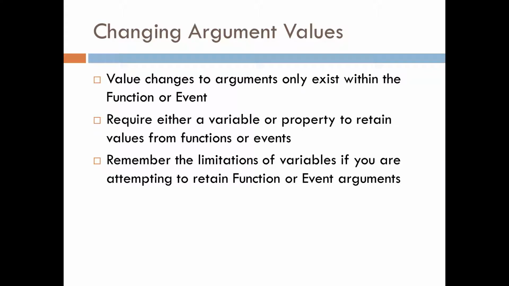You can only make changes to the value if you're using the same value within the function or event, unless you assign it to a property or a variable that retains its value outside of the function or event. Remember these limitations when you are messing around with functions and events, and have to decide what you use.